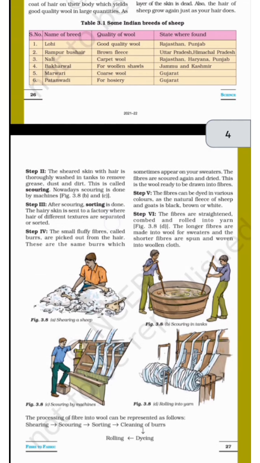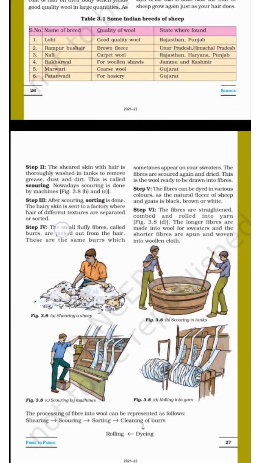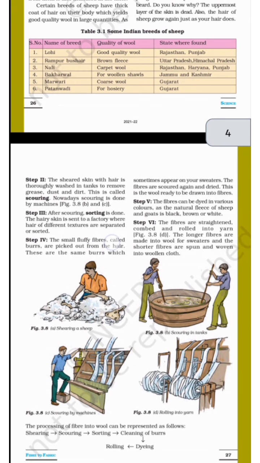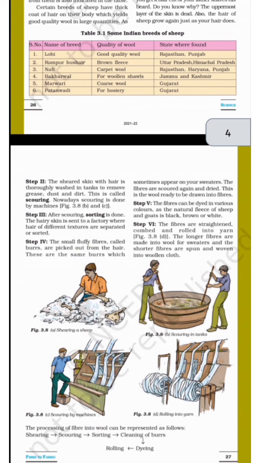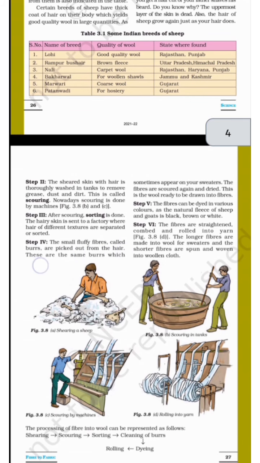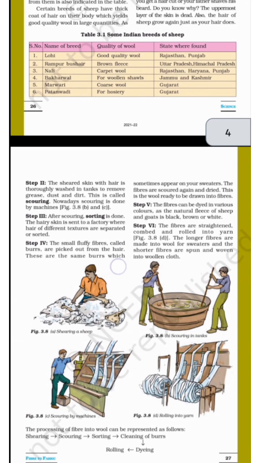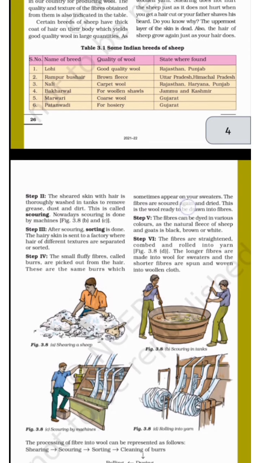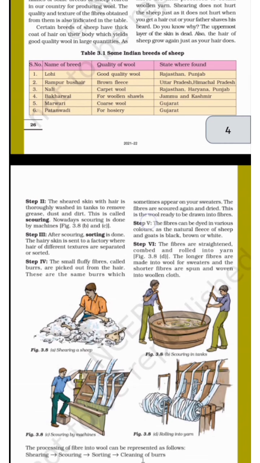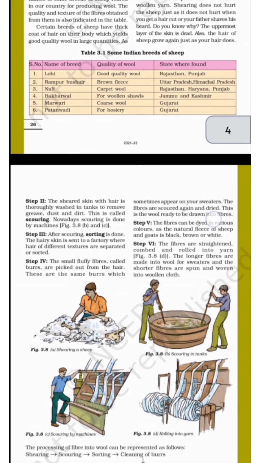Okay. And step 4, the small fluffy fibers called burrs are picked out from the hair. These are the same burrs which sometimes appear on your sweaters. The fibers are scoured again and dried. This is the wool ready to be drawn into fiber.